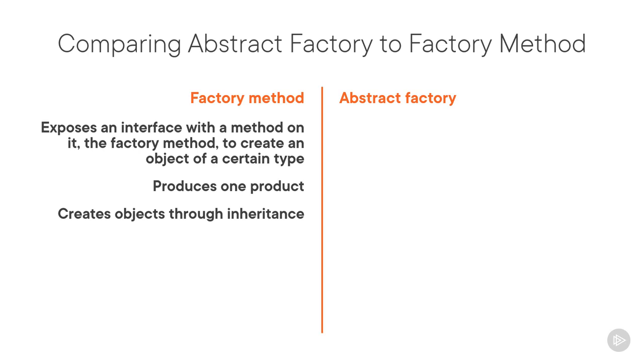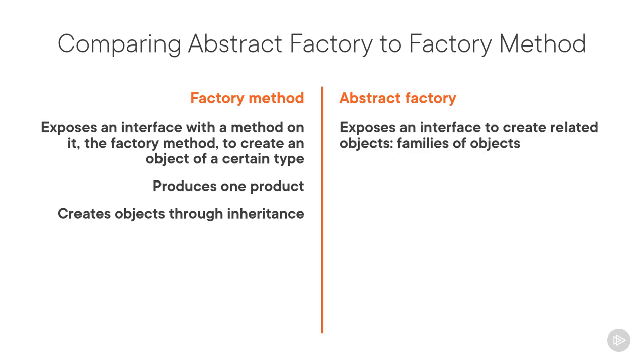The abstract factory pattern, on the other hand, is signified by exposing an interface to create related objects, families of objects. For that, multiple methods are exposed on the abstract factory. Here too, just like with the factory method pattern, the return types of these methods are interfaces or abstract classes.